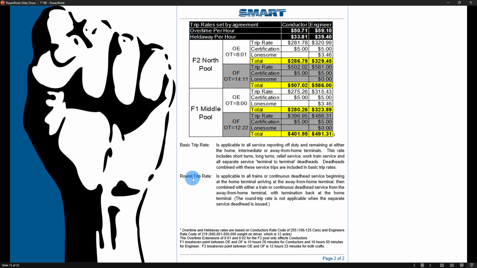An OF, round trip rate, is applicable to all trains, continuous deadhead services beginning at the home terminal, arriving to the away from home terminal, then combining with either a train or a continuous deadhead service from the away from home terminal with termination back at the home terminal.